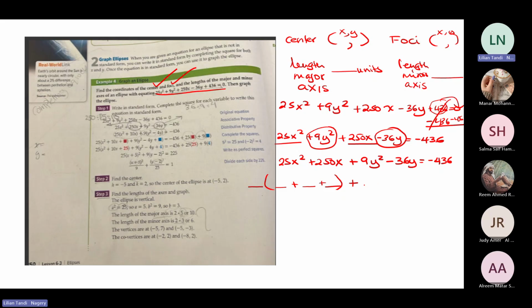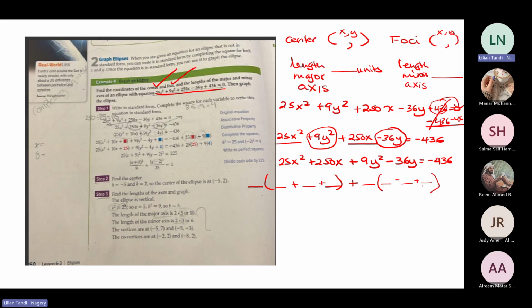The same thing here: one, parentheses, one, two. No, this cannot be plus because this is minus. Here is minus because this is minus. This has to be minus. And the last number must be added.